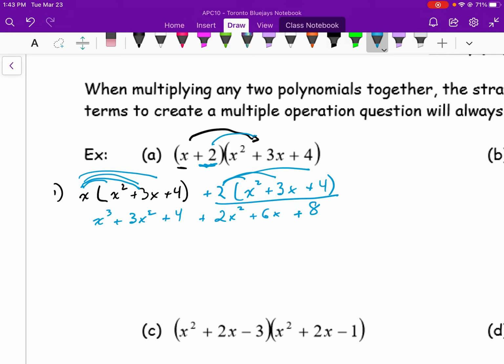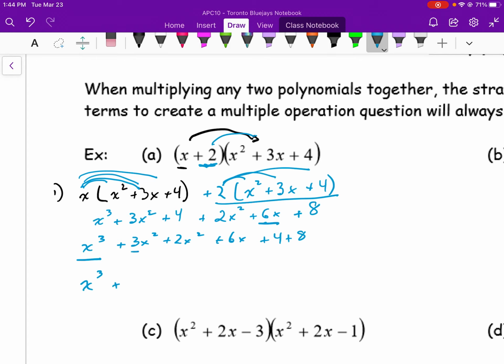So now I'm just going to collect like terms. Everything that is an x cubed, I'm going to write together. Everything that's an x squared, I'm going to write together. Everything that is x, I'm going to write together, and there's only one. And everything that is a constant, I also write side by side. So I'm going to simplify everything with an x cubed, and there's only one x to the power 3.